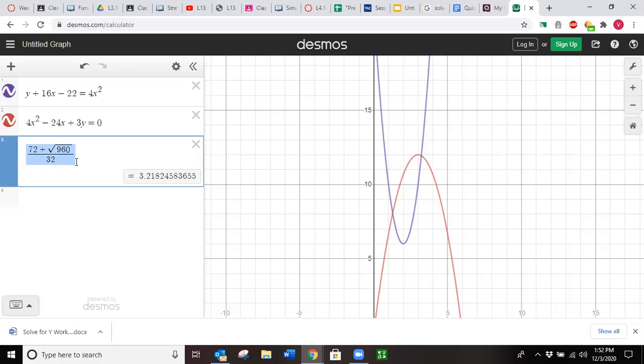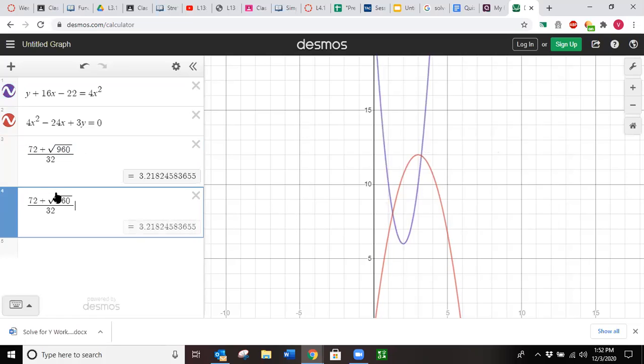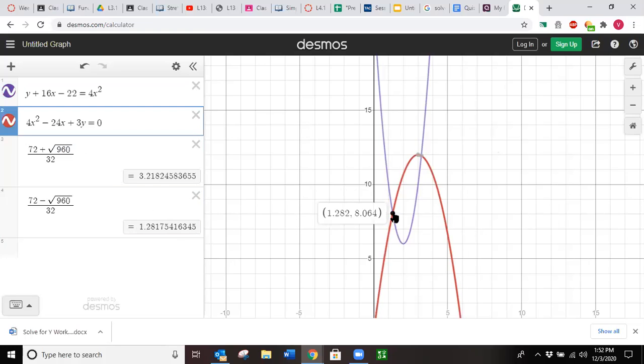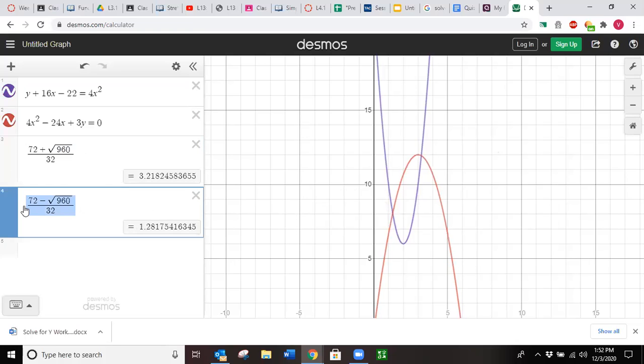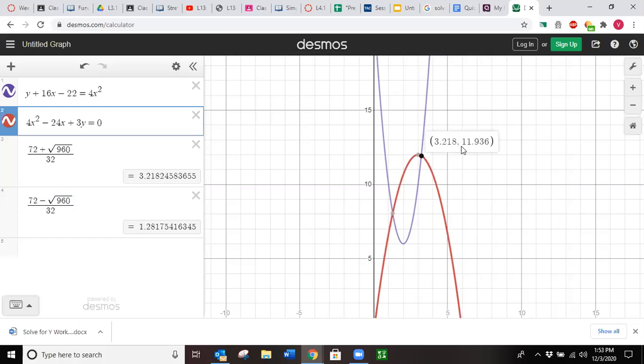So if I plug it in here, but with a minus sign, 1.28175, blah, blah, blah, which is the ordered pair that we have right here. If you were to plug these two back into the function, you would get some decimal close to 11.936 and 8.064.